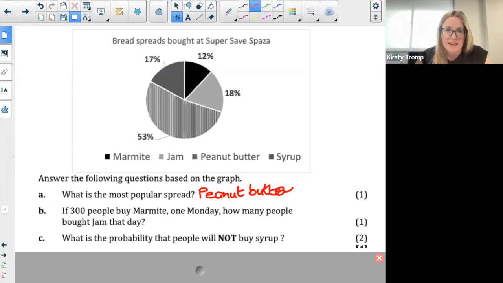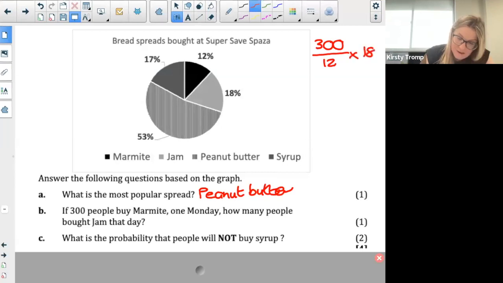Now, my next question. If 300 people buy Marmite one Monday, how many people bought jam that day? Guys, this is a challenging one. 300 people buy Marmite, and Marmite is 12%. So I'm going to have 300 divided by 12, and I want to know how many people bought jam, so I need to times that by 18.